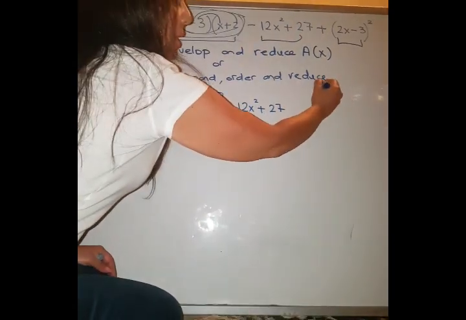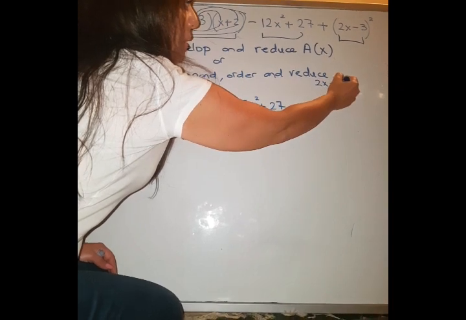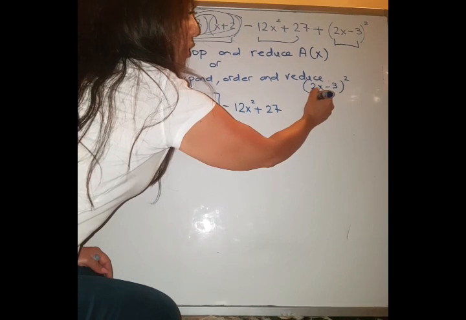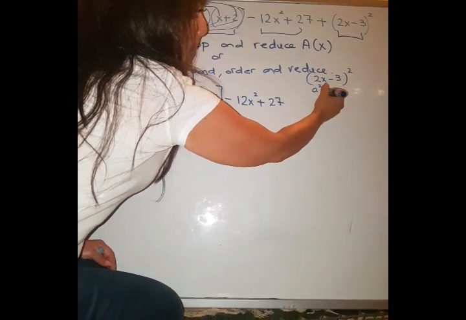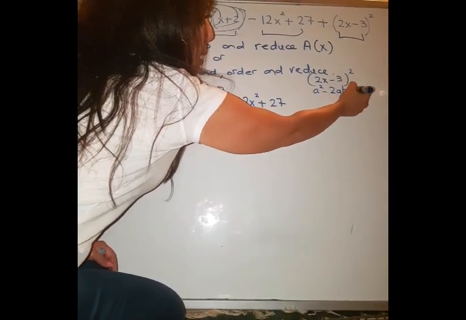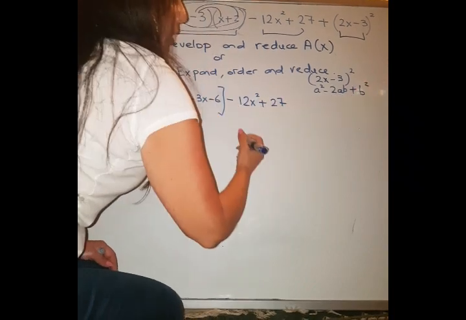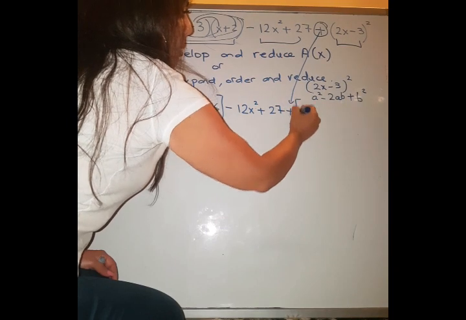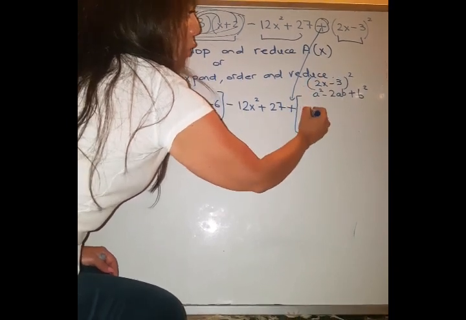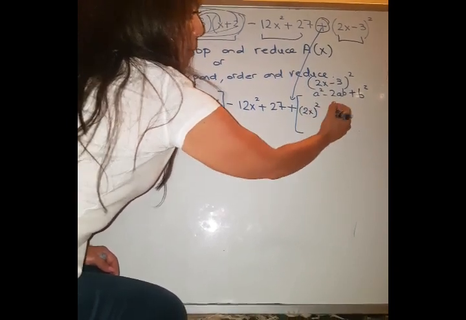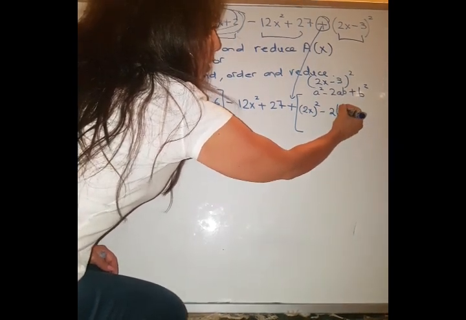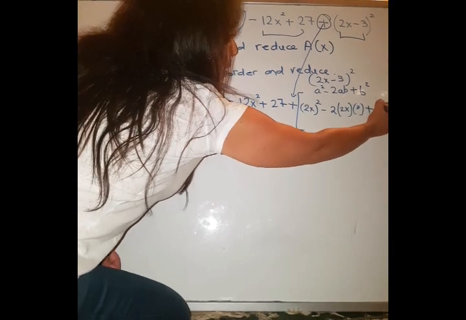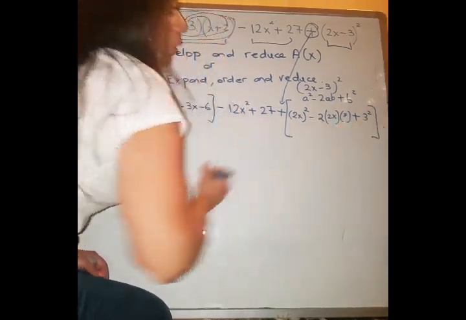The third part is (2x - 3) to the second power. It's a special case. So I have to use a² - 2ab + b². I bring down my plus sign and I open a big bracket. What's my a? (2x)² - 2 times 2x times 3 + 3², and I close my parenthesis.